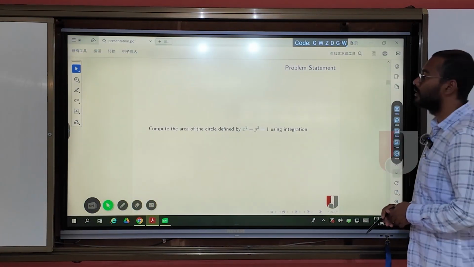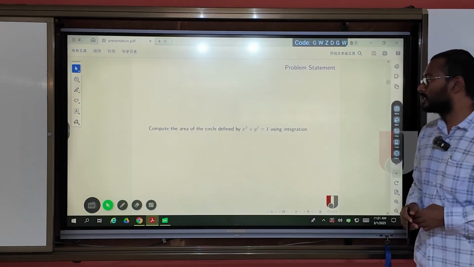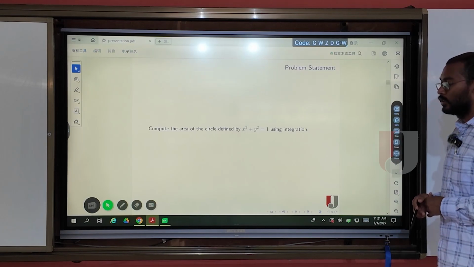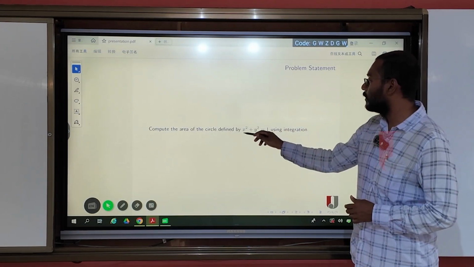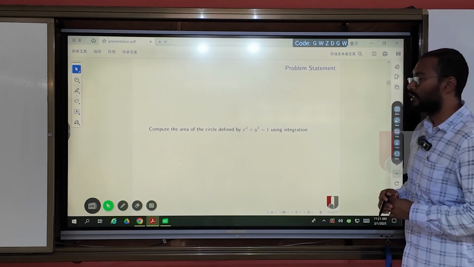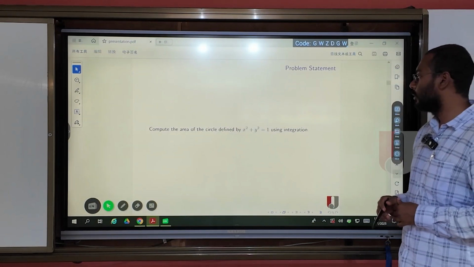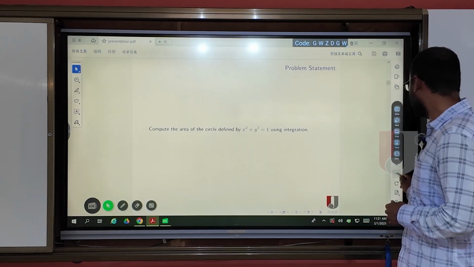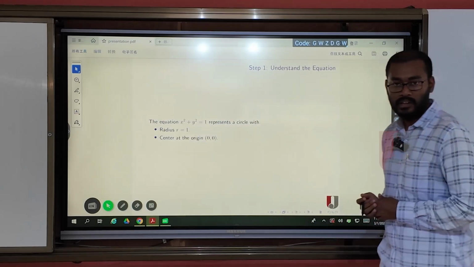Now another example is how to find out the area under the circle, that is x square plus y square equal to 1, using integration. Actually, in class 7 or 8, students know how to find the area of a circle. This is a circle having center at the origin, 0, 0, and radius r.